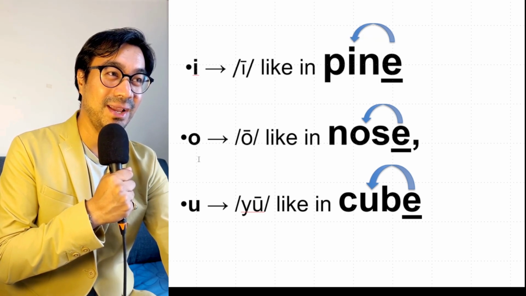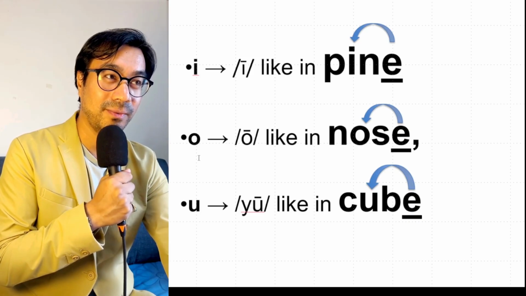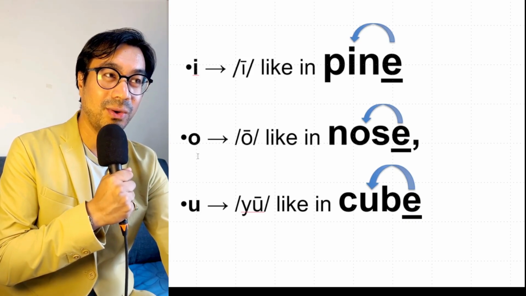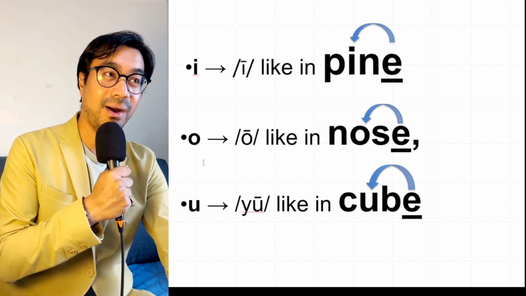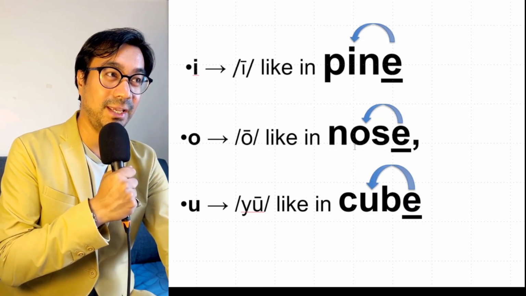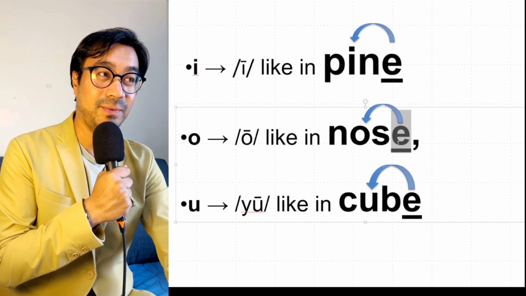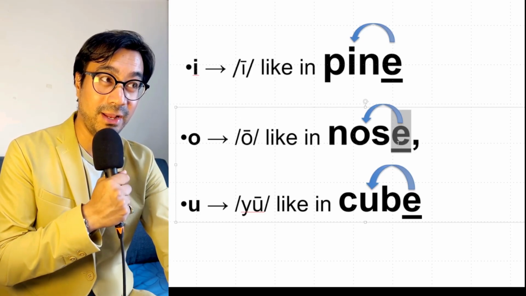So let's see. O. What's the long vowel? O. What's the short vowel? O. And let's see. Here's the E at the end, and we make this silent.